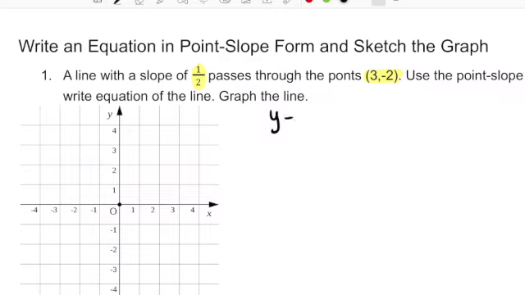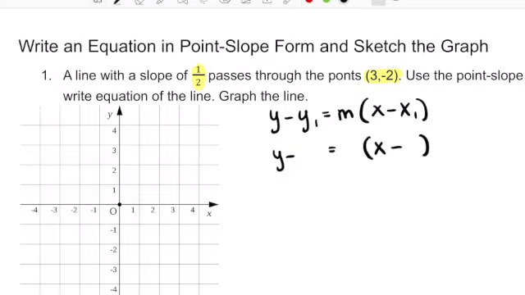Okay, so let's practice writing the equation for point slope form. y minus y1 equals m parentheses x minus x1. So what we're plugging in to the y minus is y1, equals, we're plugging in the m and we're plugging in the x1. So I'm just leaving spaces where we're plugging things in.